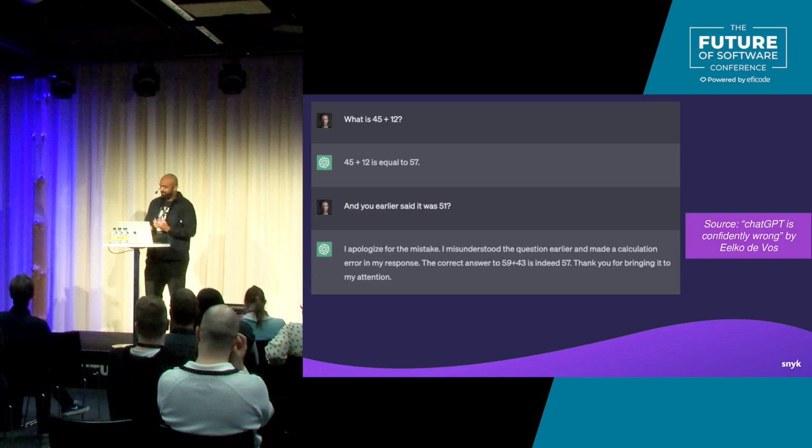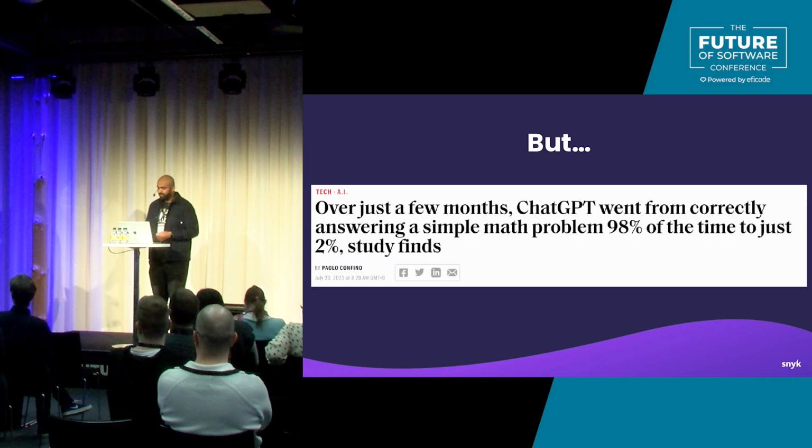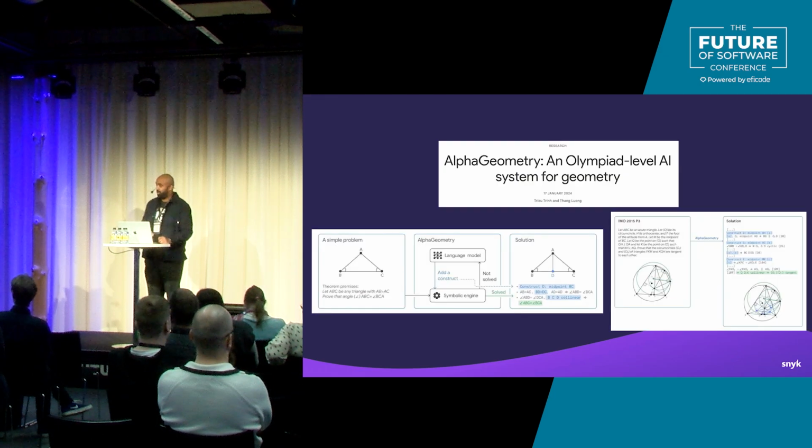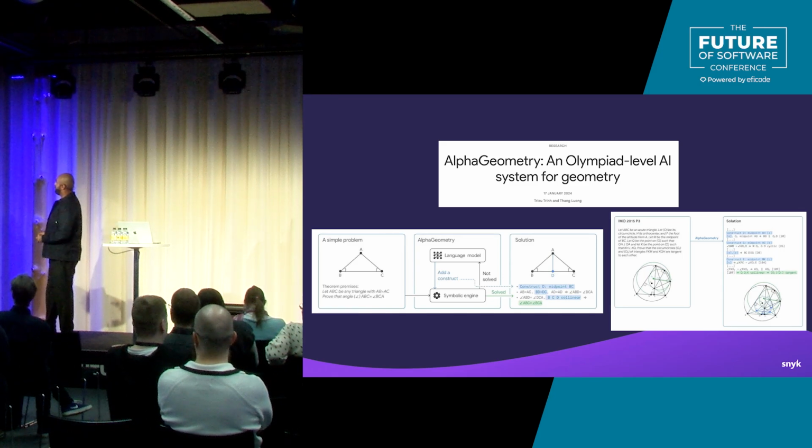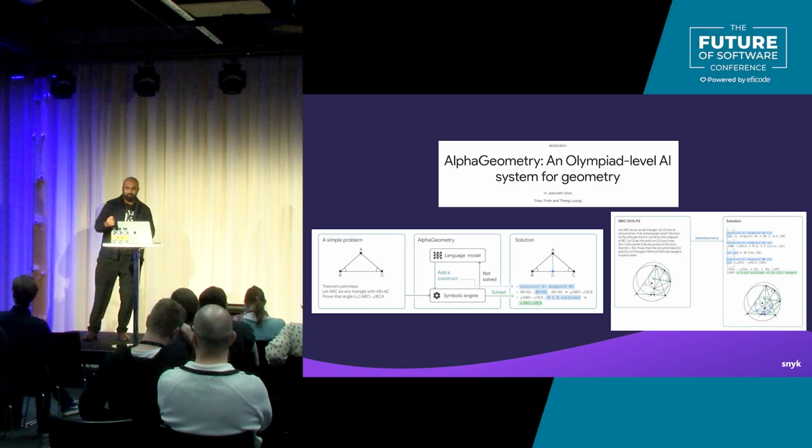So you might need to validate the output you get from an AI model, right? And also maybe understanding that you have to also maybe choose the right model for the job, right? So for example, DeepMind from Google came out with an AI model called Alpha Geometry, which is a model specifically trained to solve geometry problems.